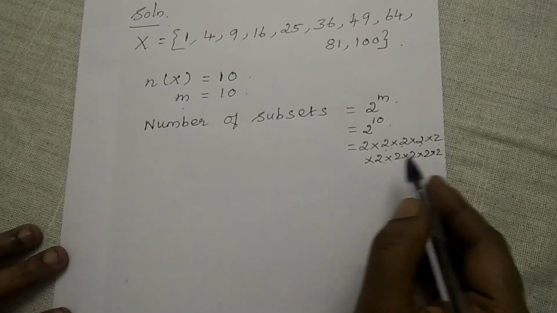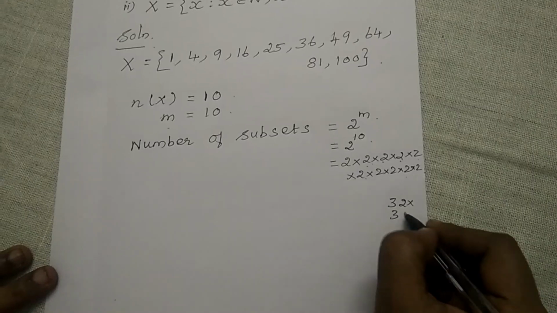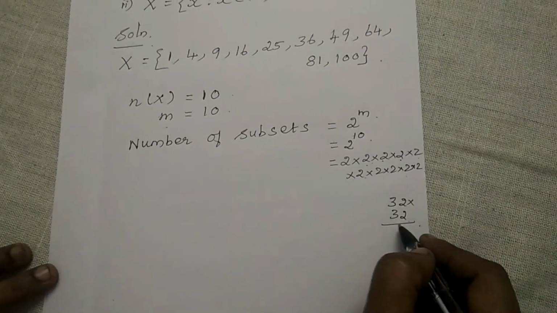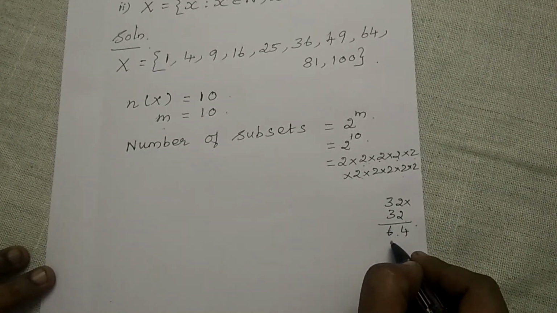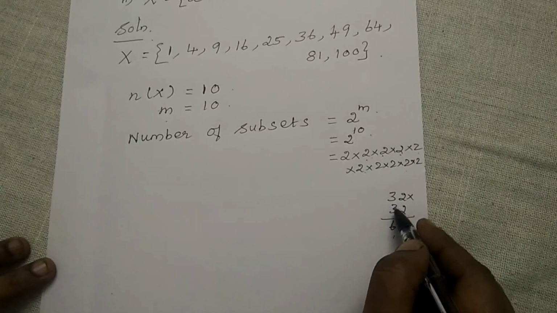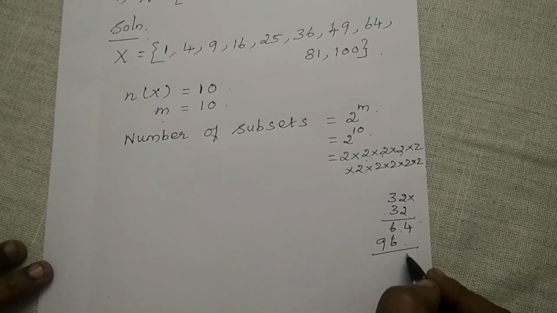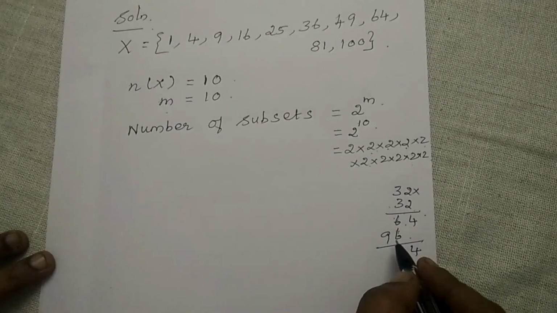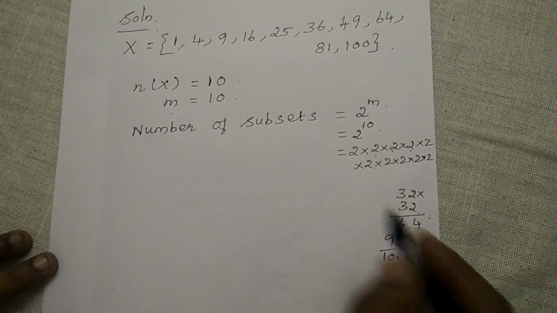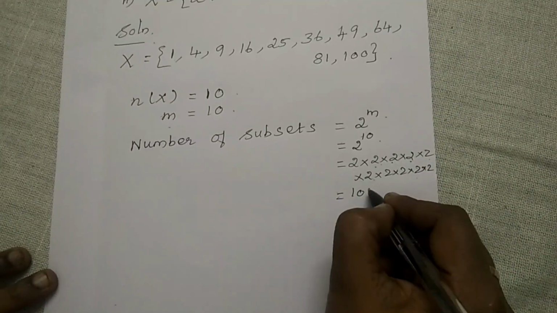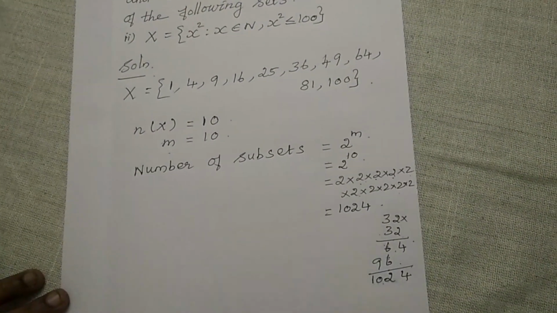Like that here also 32 it will come. Okay. So we have to multiply 32 into 32. Here 4, then 6, then here 6 it will come. Okay. Then 2 3s are 6, 3 3s are 9 and 4. Here added this to 12 then 10. Okay. 1024. Number of subsets equal to 1024.